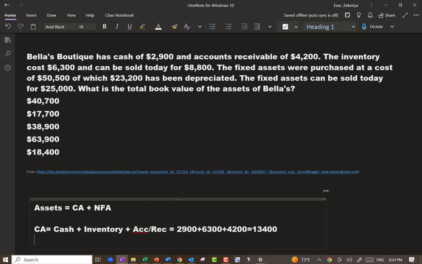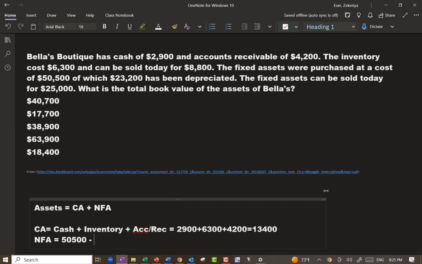If we figure out the book value of net fixed assets, it's the value at which you purchased it minus depreciation to date, right? How much did we spend when we bought the fixed assets in this problem? $50,500. You just read it off.